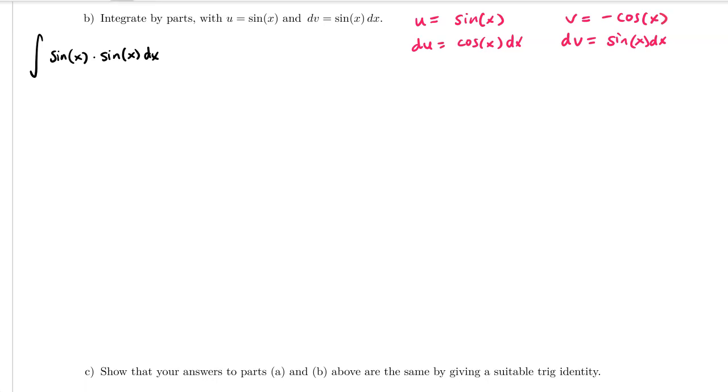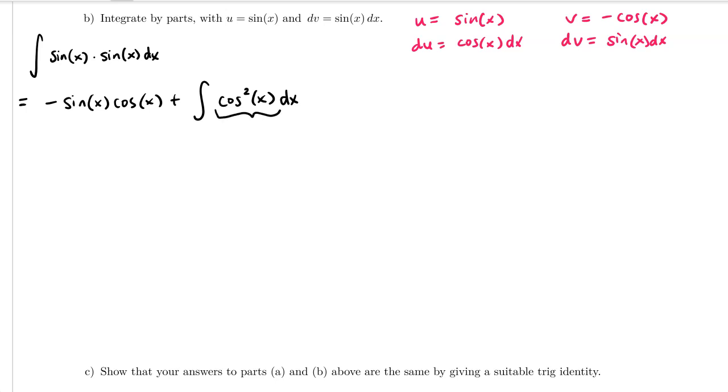Okay, so now we have this is equal to negative sine of x times cosine of x minus the integral of v du. So I'm going to go ahead and factor out the negative sign, and then if we multiply, we get cosine squared x dx. Now I'm going to go ahead and rewrite cosine squared using the Pythagorean identity.